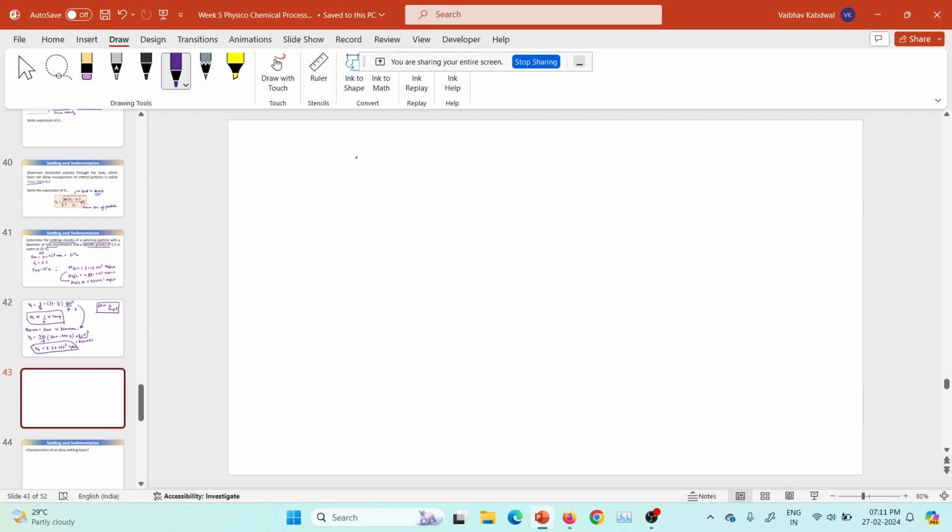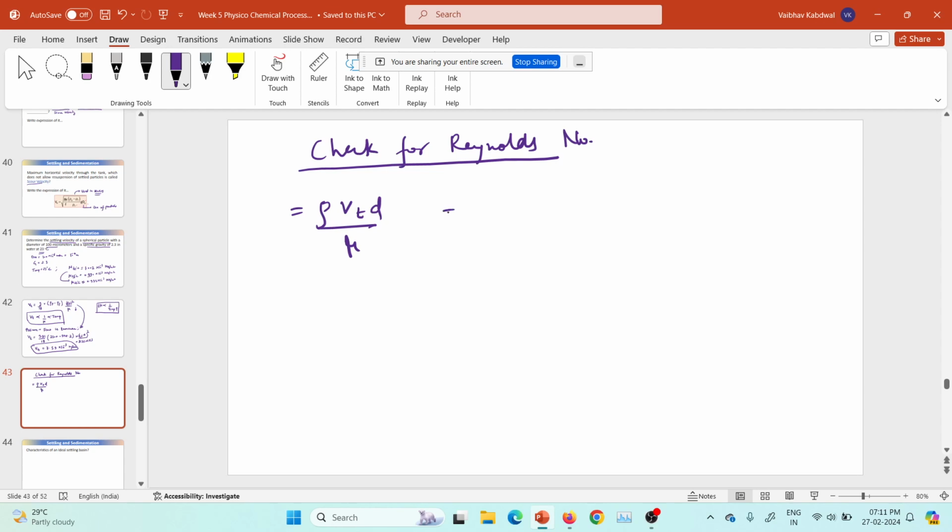Then we will check for Reynolds number. It will be rho Vt d by mu. So the rho here is 998.2 into 7.59 into 10 to the power minus 3, this is the velocity.